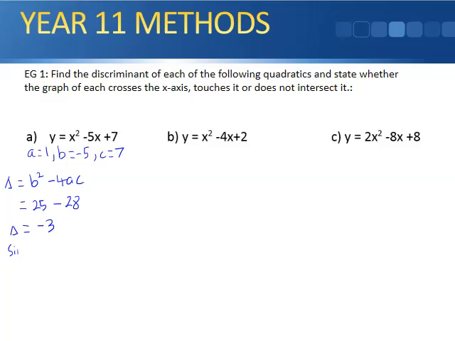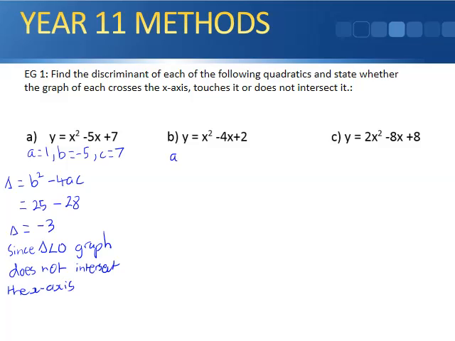Now, since the discriminant is less than 0, because -3 is less than 0, the graph does not intersect the x-axis. So that's that first one.